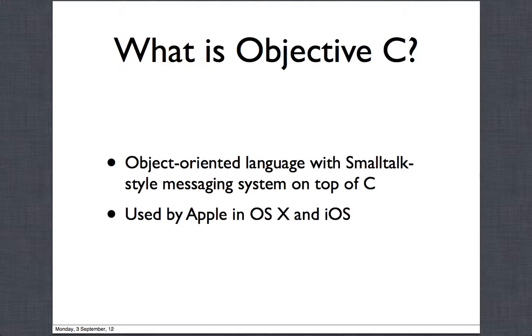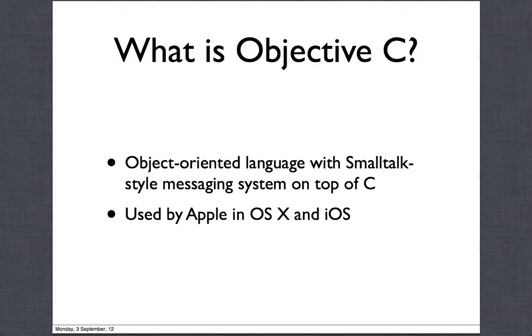Smalltalk is a programming language that was highly popular about 20 years ago, and it was a truly object-oriented language. So the way you created classes and called methods of those classes is a bit different than you are used to if you know C++ or Java, and it will just take some time to get used to.